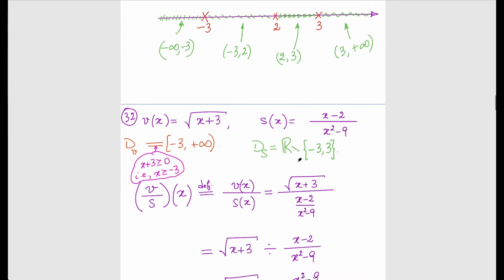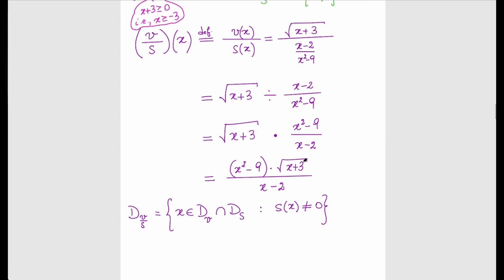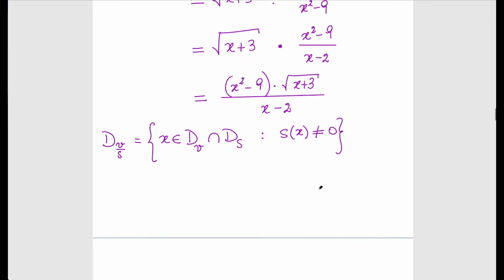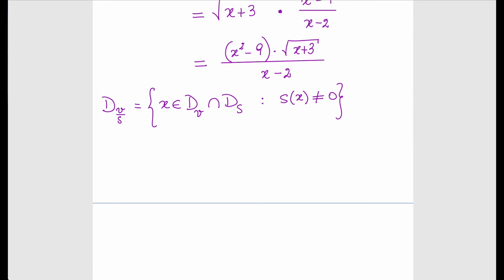What's the intersection of the two? Actually, let me copy it before. So x is in the set consisting of all real numbers that are in the domain of v, and we color this brown. Let's keep it brown, which was -3 to plus infinity, intersected with the domain of s, which we colored green.